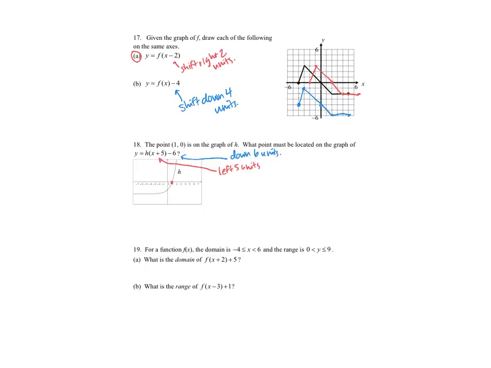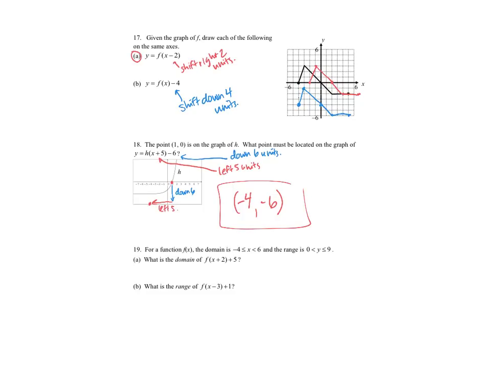So I'm going to shift down 6 units and to the left 5 units. What have I done? On my y, I've gone down 6, so the y coordinate would be negative 6. On the x, I've gone to the left 5 units, so that would be at negative 4, since 1 minus 5 is negative 4. So that's a point on my graph.